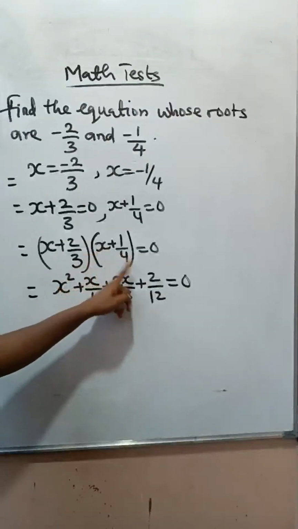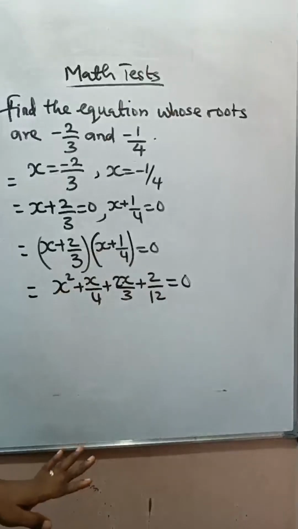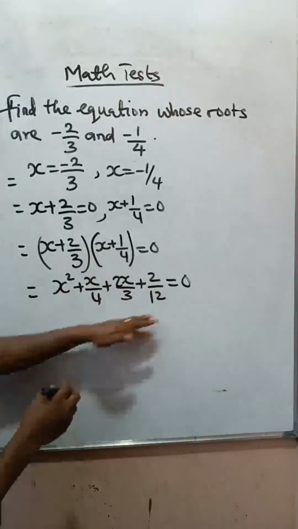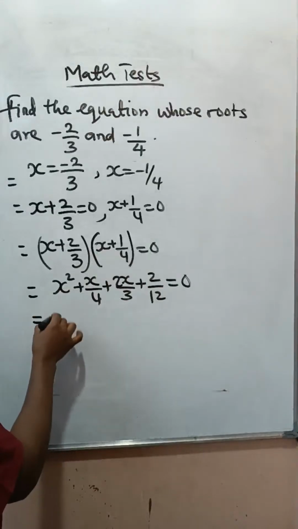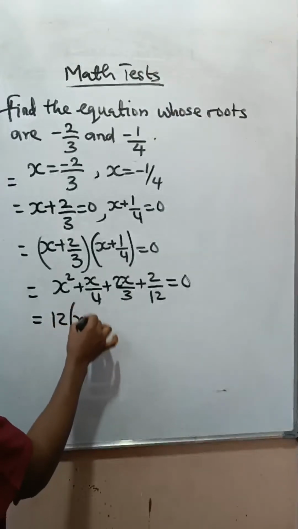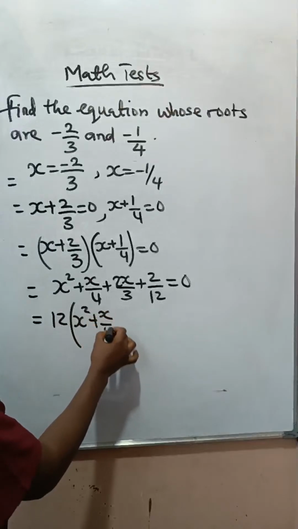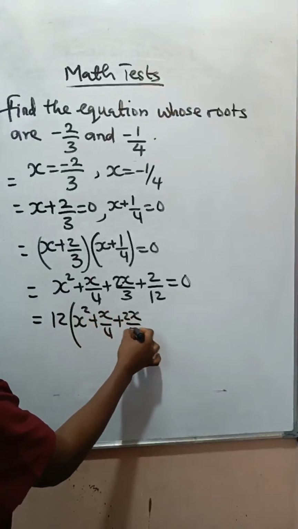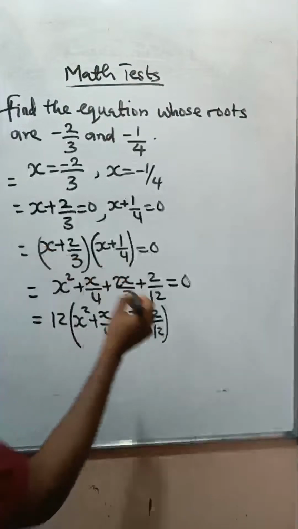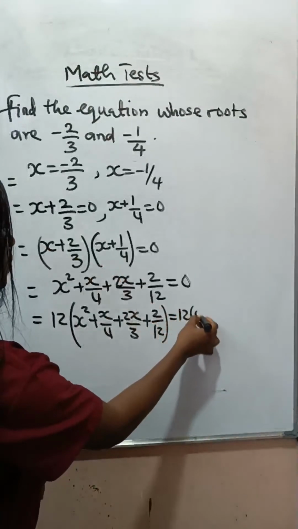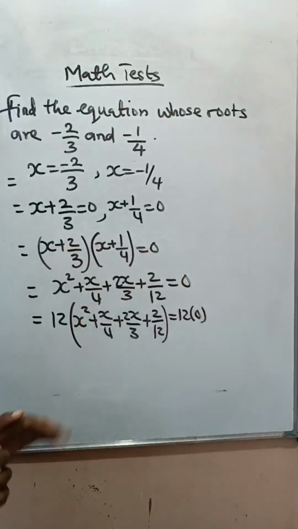I want to be sure I'm not making a mistake. Now we multiply by the LCM. The LCM is 12. So this is equal to 12 brackets x squared plus x over 4 plus 2x over 3 plus 2 over 12, is equal to 12 multiplied by 0. We multiply through by 12.